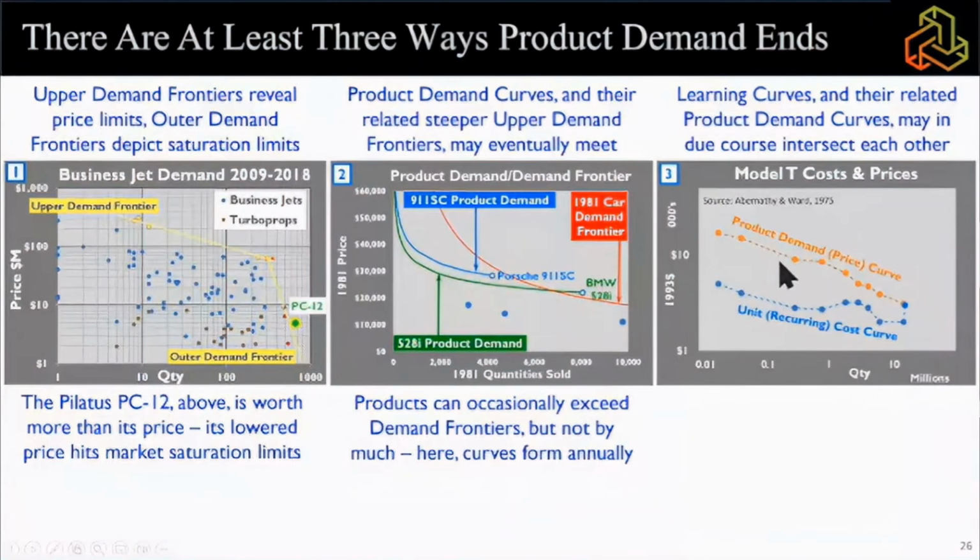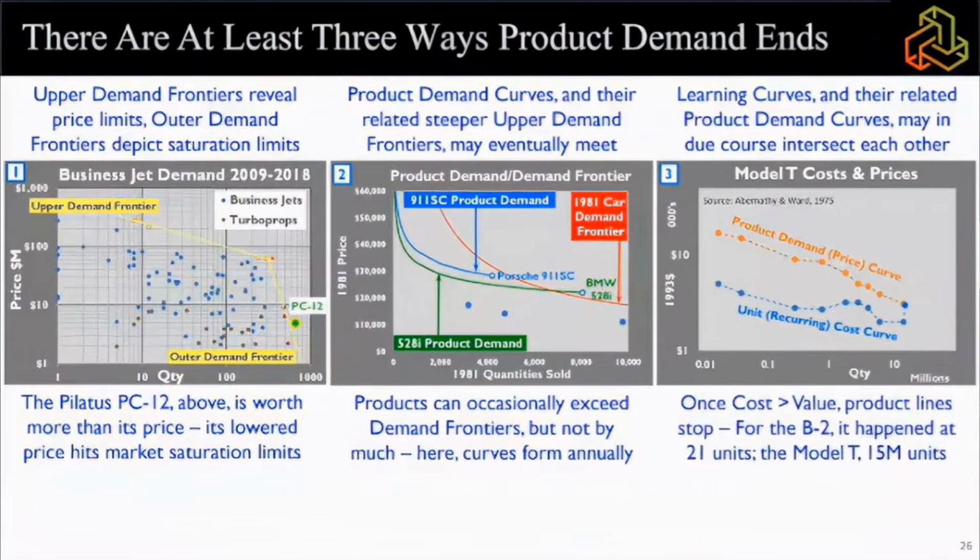And they tracked the price of their vehicle over time. And eventually, this blue point came to overlap the orange point here. And so just as we saw with the B2, the Ford Model T had the production line stopped when the cost met or exceeded the value of the product. So for the B2, it stopped at 21 units. The Model T stopped at 15 million units.